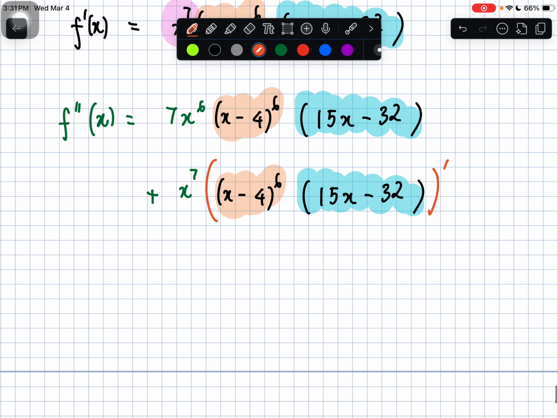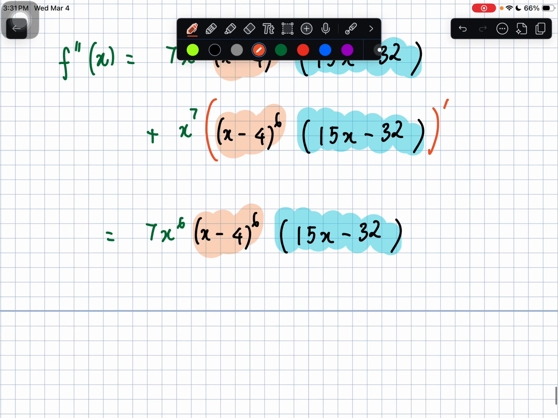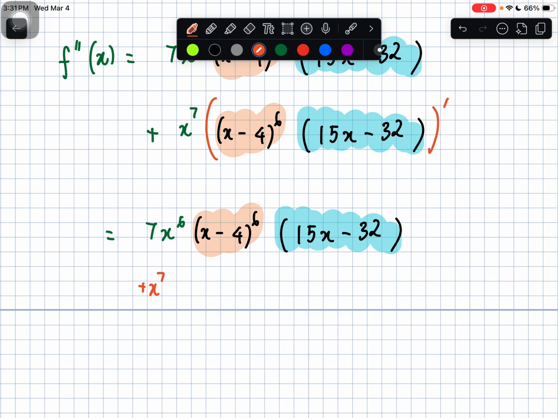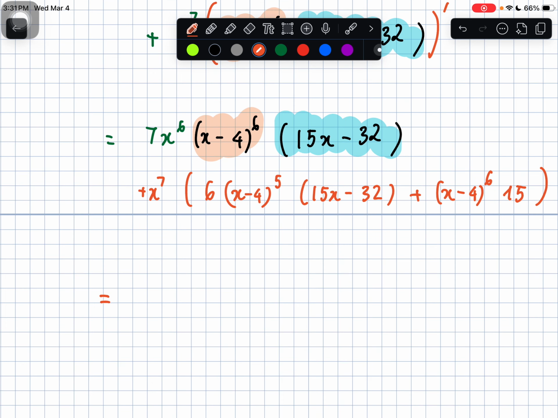Now we continue to do the product rule. This one is good. Second term, x^7 multiplies 6(x minus 4)^5 times (15x minus 32) plus (x minus 4)^6 multiplied by 15. This is f double prime. We can group that.